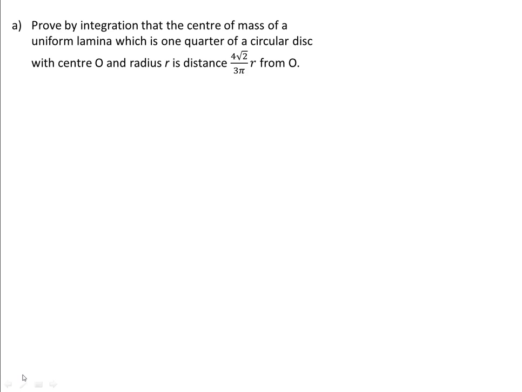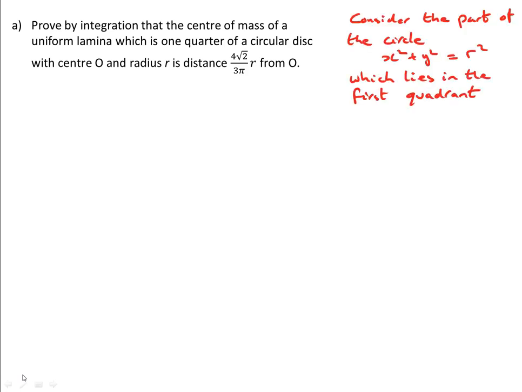So for our first example, we've got to prove by integration that the centre of mass of a uniform lamina, which is 1/4 of a circular disc with centre O and radius r, is distance 4√2 over 3π times r from O. So, we'll start off by considering part of the circle x squared plus y squared equals r squared, which lies in the first quadrant.